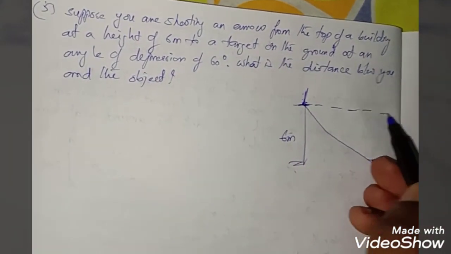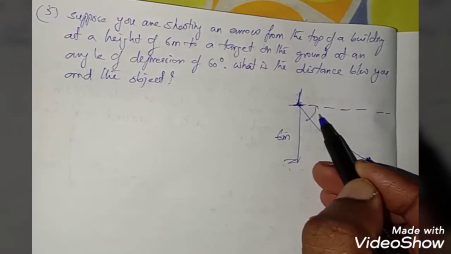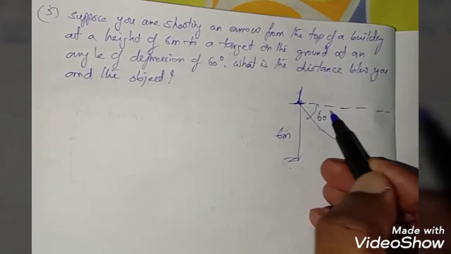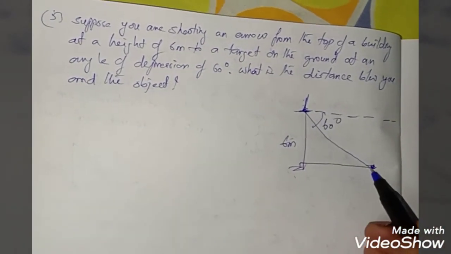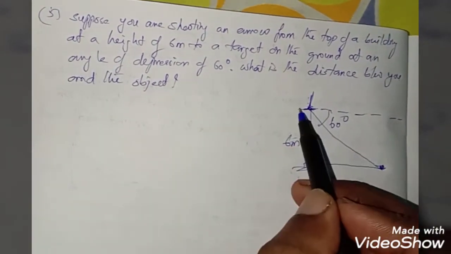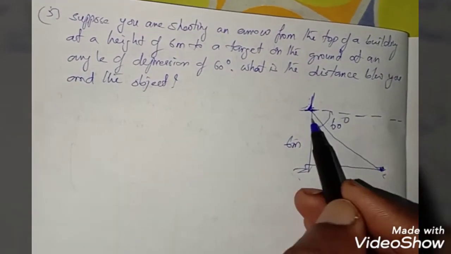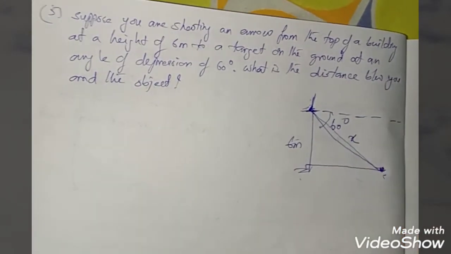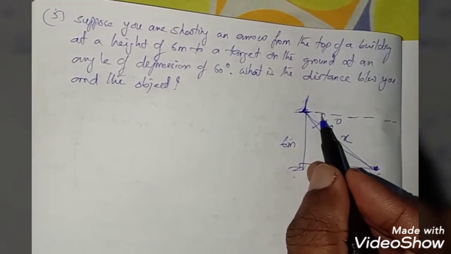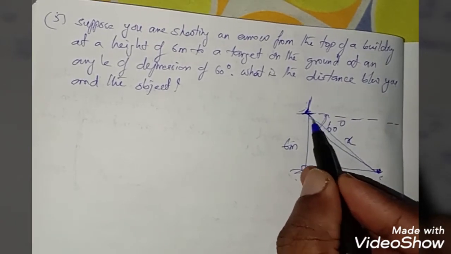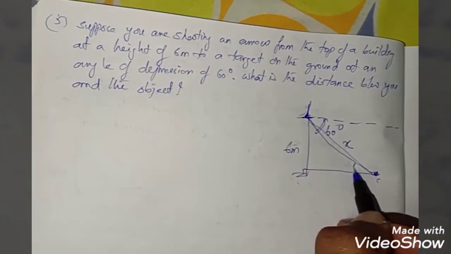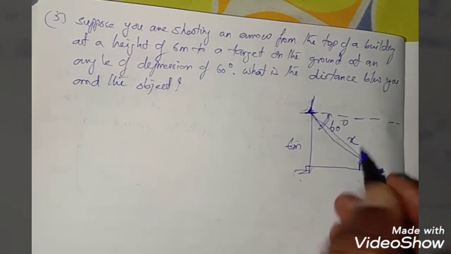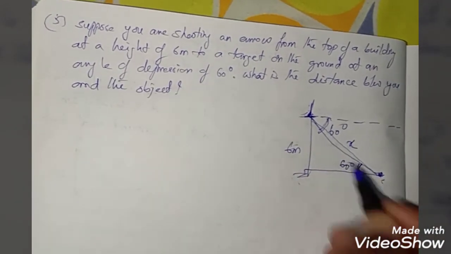This is eye level, making an angle of depression of 60 degree. Right. Now what we have to find, what is the distance between you and the object, means you have to find this length. Now if I denote this as x by using vertical opposite alternate interior angles, we can say these two angles are equal. So I can take 60 degree here.